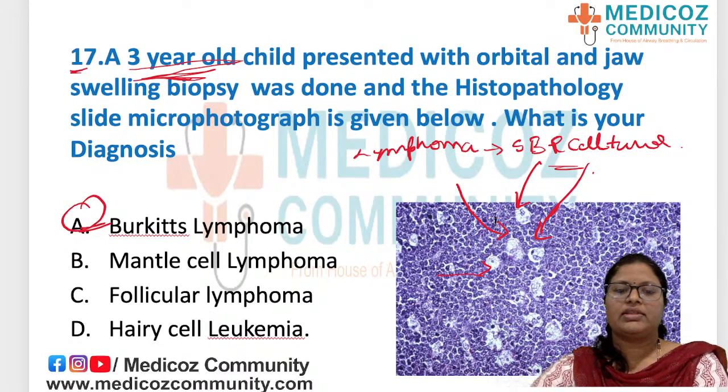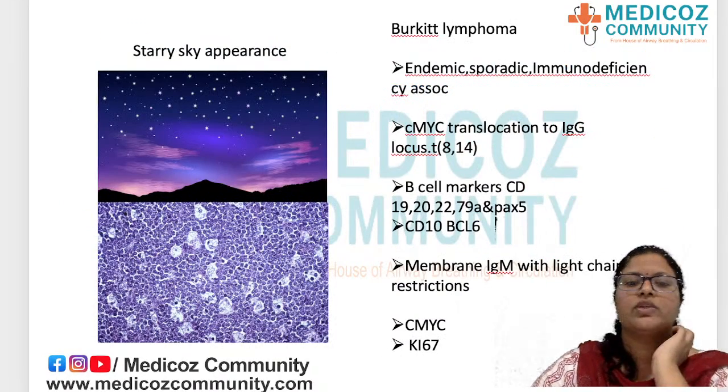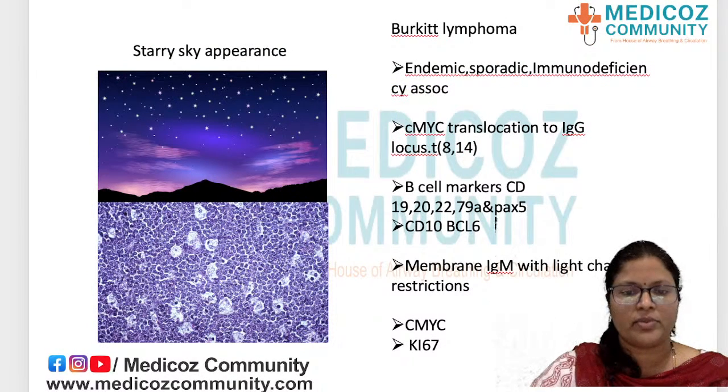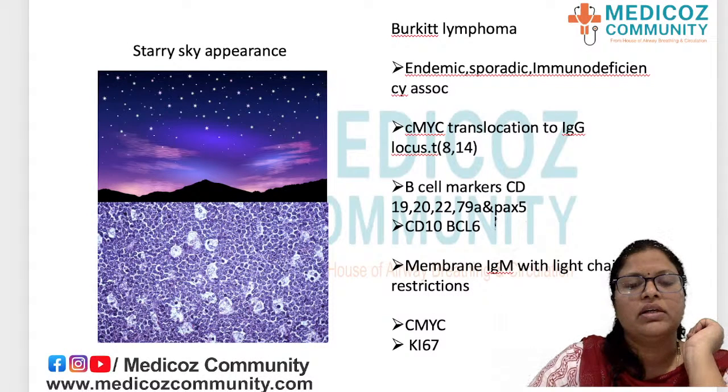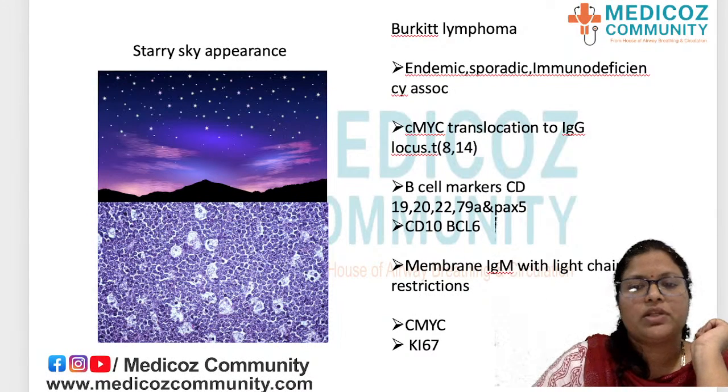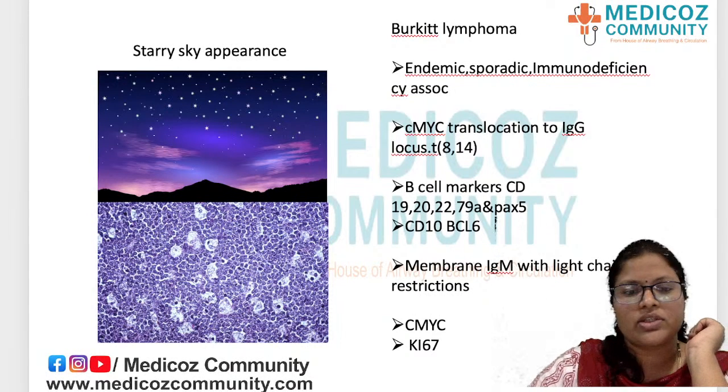So this is Burkitt's lymphoma which is giving you a starry sky appearance. So let's see this biopsy over here. This is just to show you how a starry sky looks.